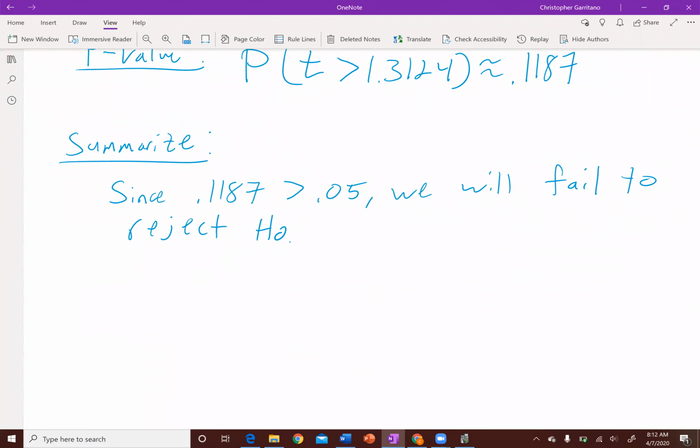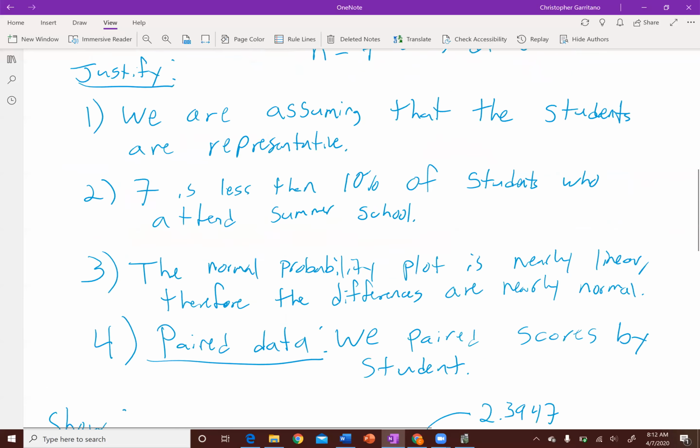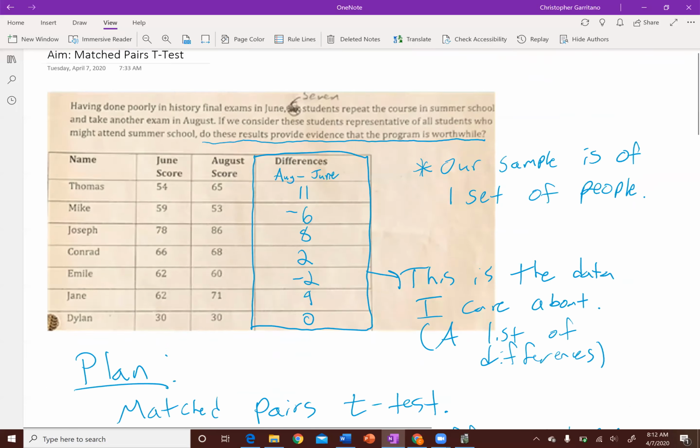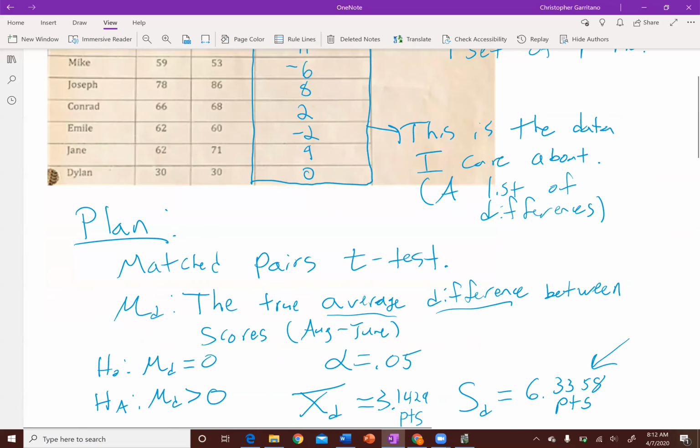So we failed to reject H null, which means we do not have evidence to support the claim that, all right, I want to reword it using their words, that the program is worthwhile.